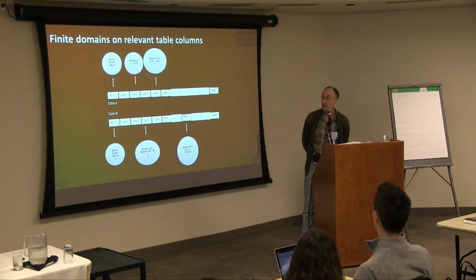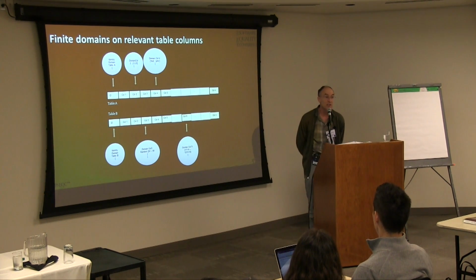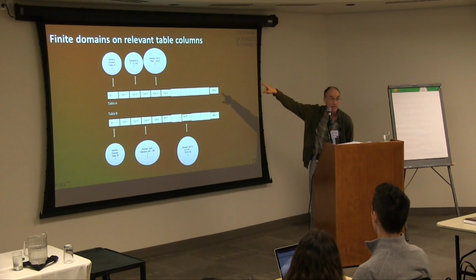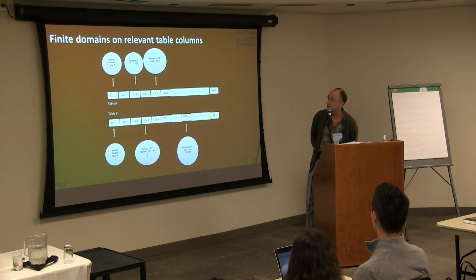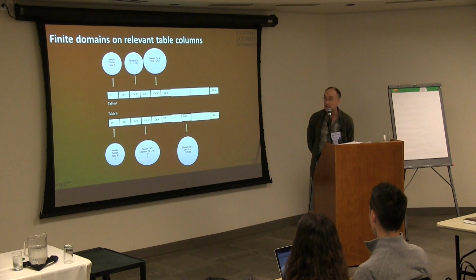So what that said to us is that we could ignore the values or put sensible defaults in the ones that the ETLs didn't care about. So in this particular fictional example, we're setting finite domains on columns that we're interested in, or that the ETL we're testing is interested in. Everything else the ETL doesn't look at. We don't need to worry about populating it.